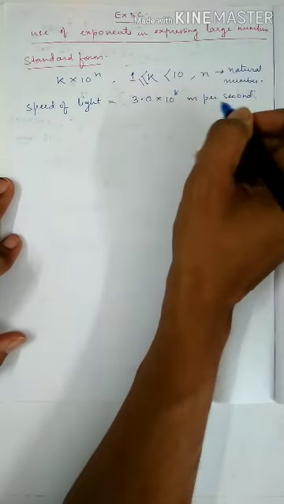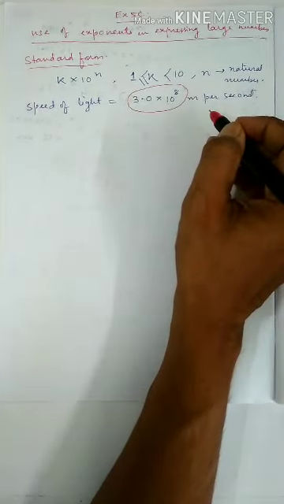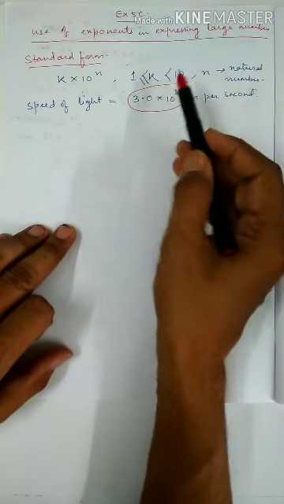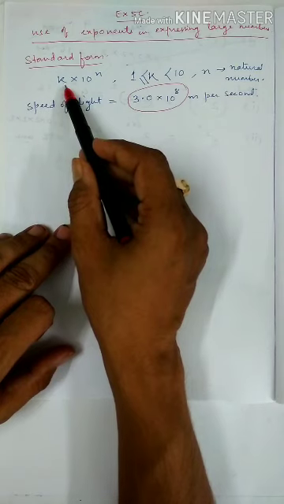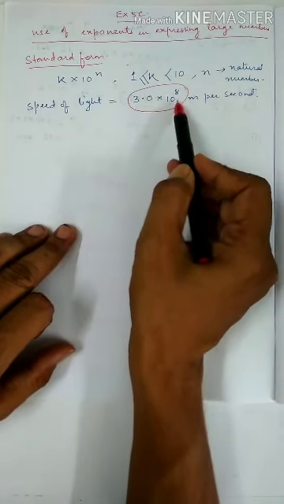Now you can see, this will be called standard form. Here k is 3, and standard form means k into 10 to the power n.